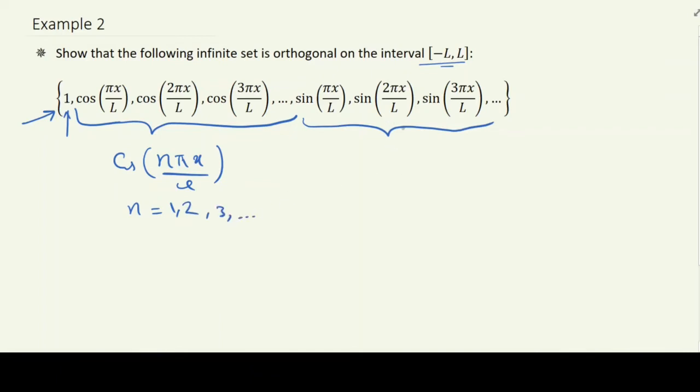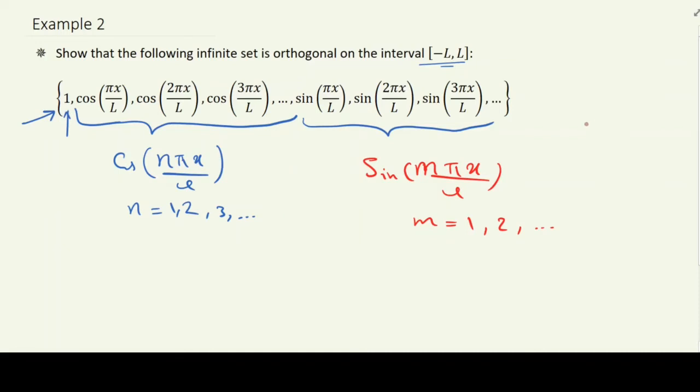And similarly for the second set, we can have sine of m pi x over L. I should say m, since this n and this m can be independent. You can have cosine 2 pi x over L, but you can have sine 1 pi x over L. So we have two integers here, n and m from 1 to infinity basically.